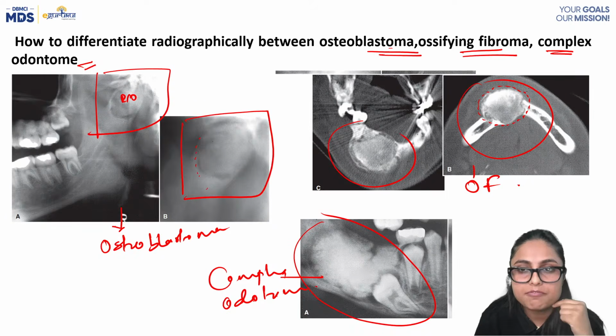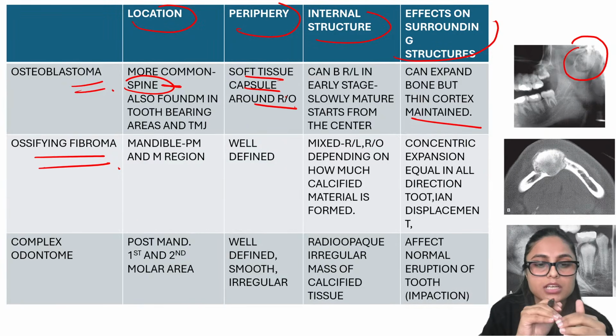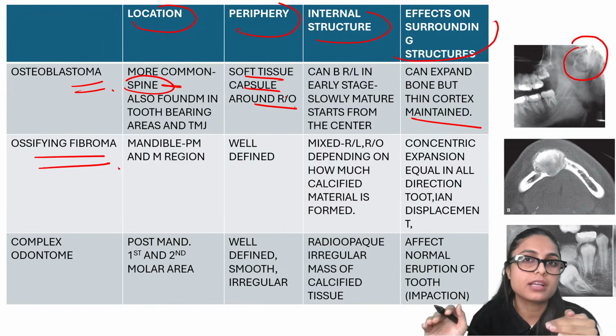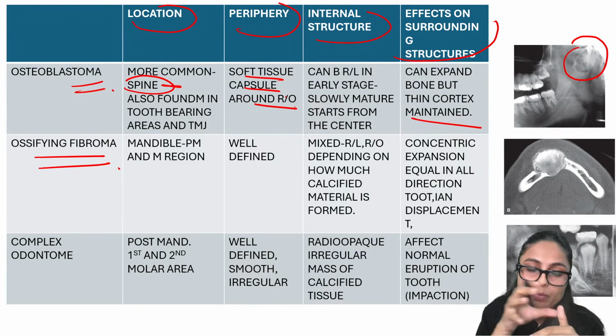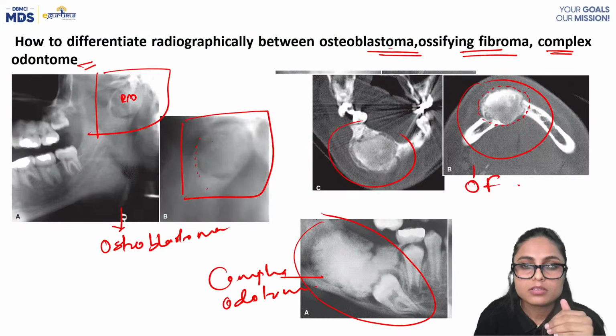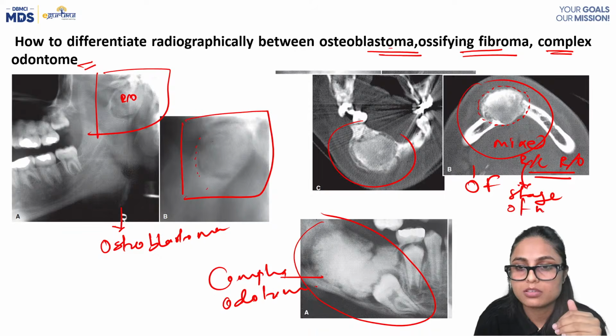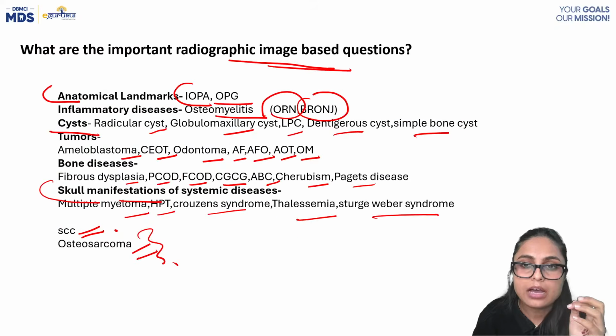The internal structure again shows a mixed radiolucent radio opaque stage, depending on how much calcification has occurred inside. It also depends on the stage of maturation, how much calcified material is formed inside the lesion.